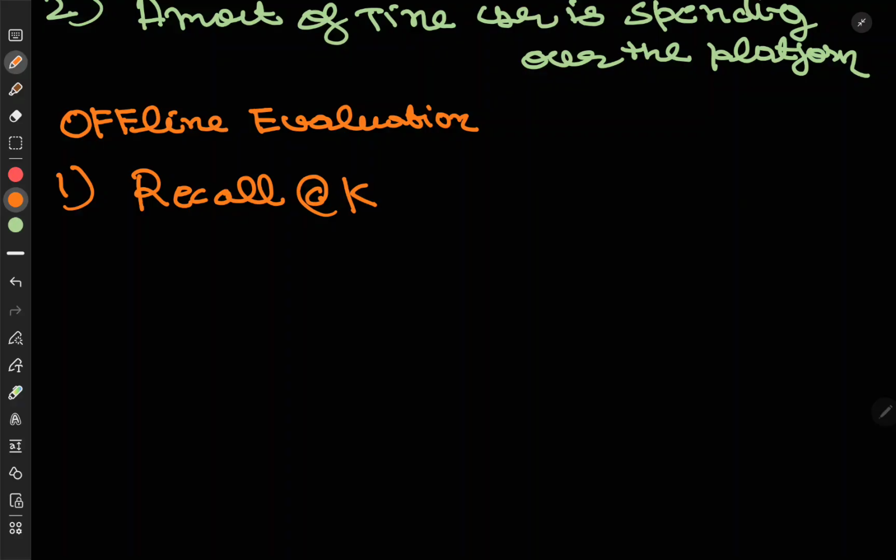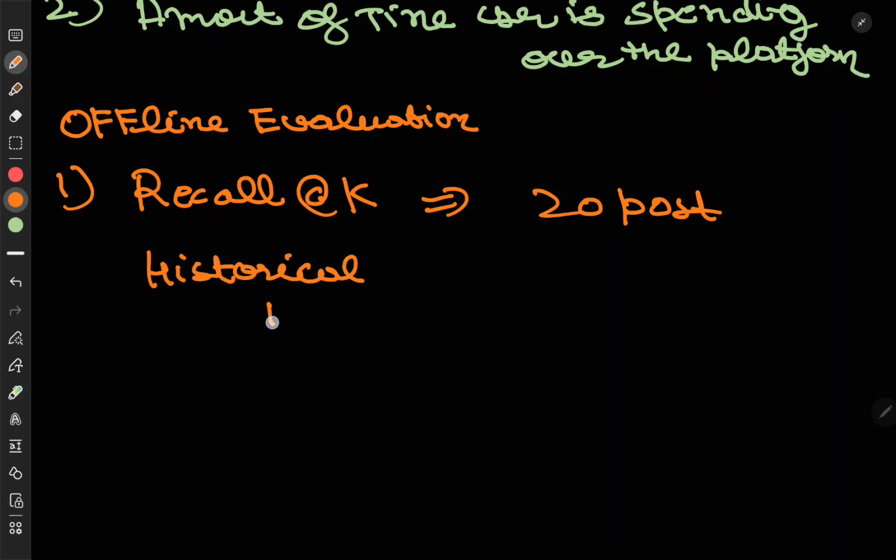Let's say we showed 20 posts to the user, out of which we know, we already have this historical data, that the user liked 5 posts.